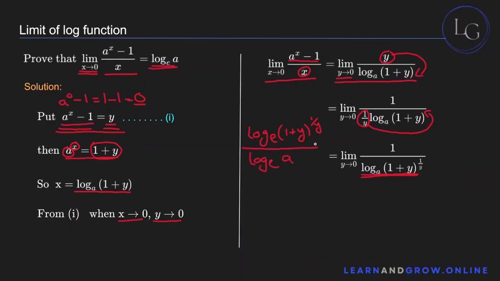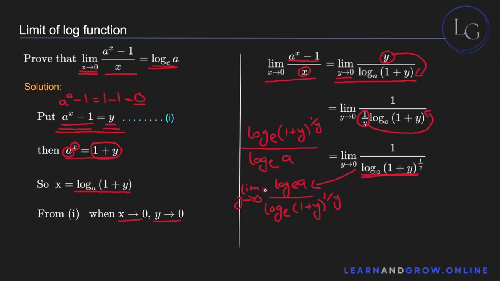And now that you have this, you can substitute it over here, right? So this entire thing over here becomes the limit as y approaches 0 of the natural log of a over the natural log of e into 1 plus y raised to the power 1 by y.